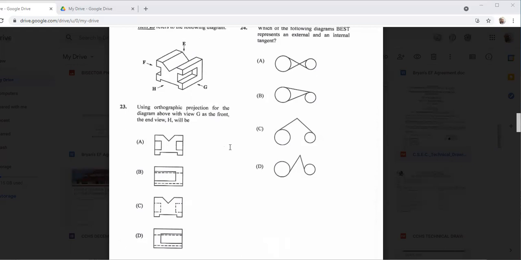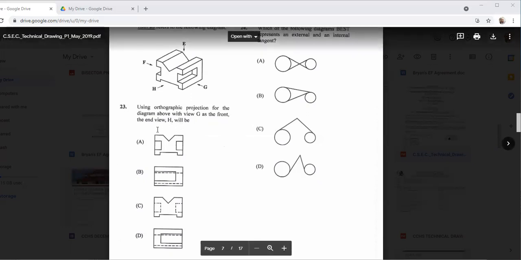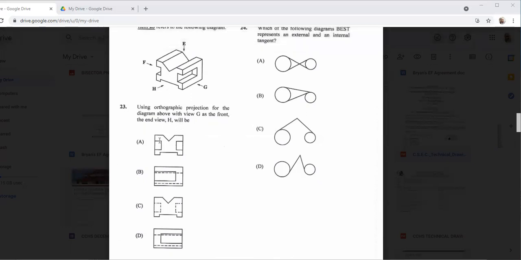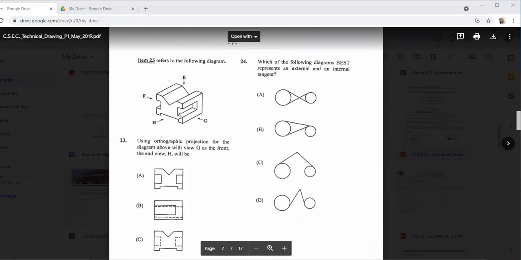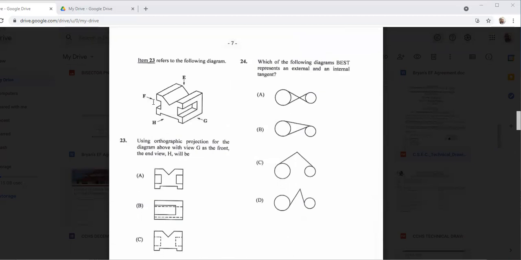So G as the front, this one. This is the view H. So this view that has G as the front and H as the end is A.